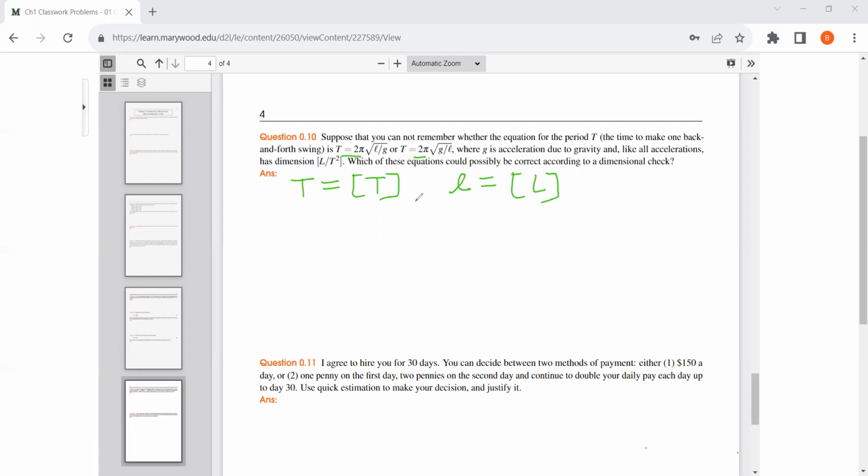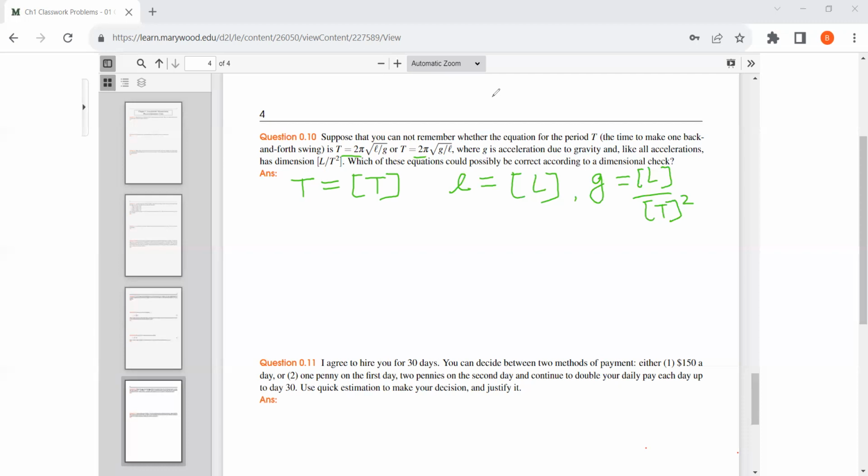And here G is acceleration, so acceleration's unit is L over T square. Now by using these three, we have to check whether the first equation is correct or the second equation is correct.